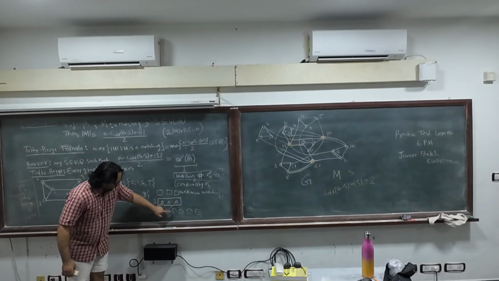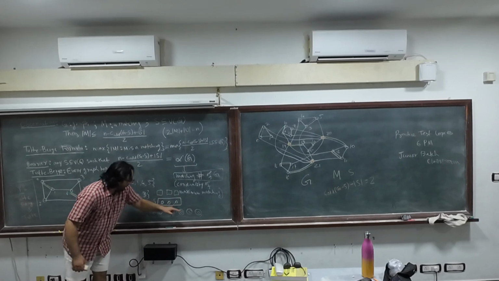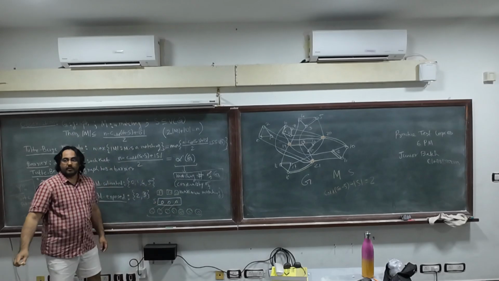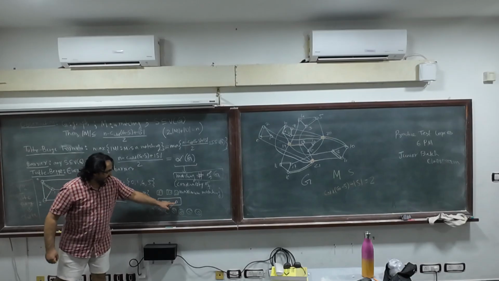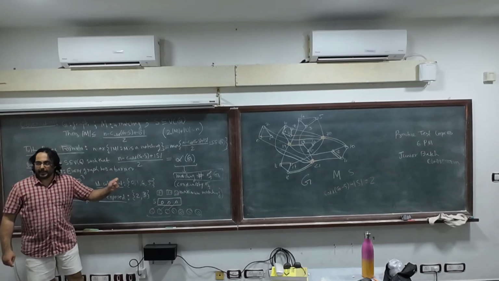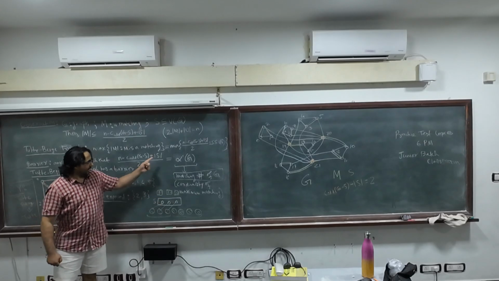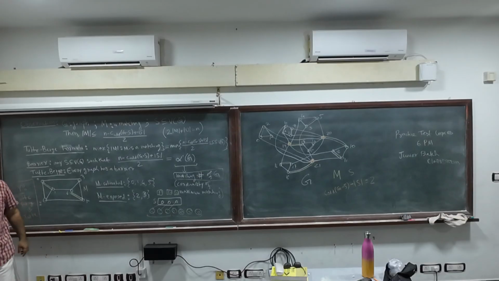Same here, same here. These are odd components that will contribute one exposed vertex, and the even components will basically have a perfect matching. Every maximum matching will look like this with respect to any fixed barrier. Right? There is no other way to attain the equality we want. That's the only way to attain equality.